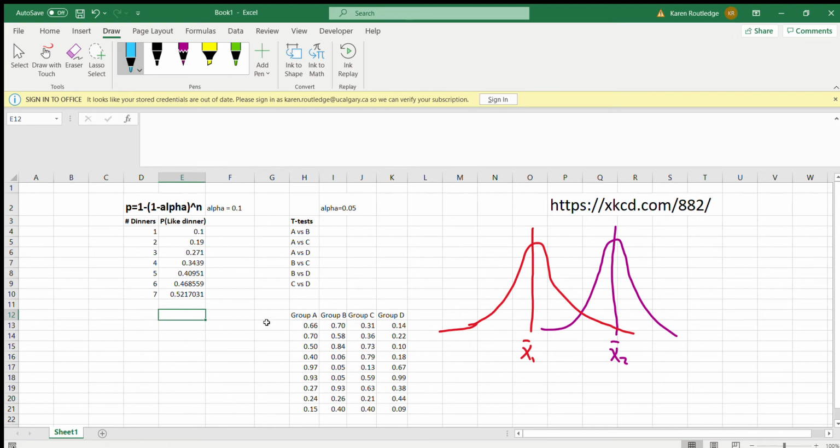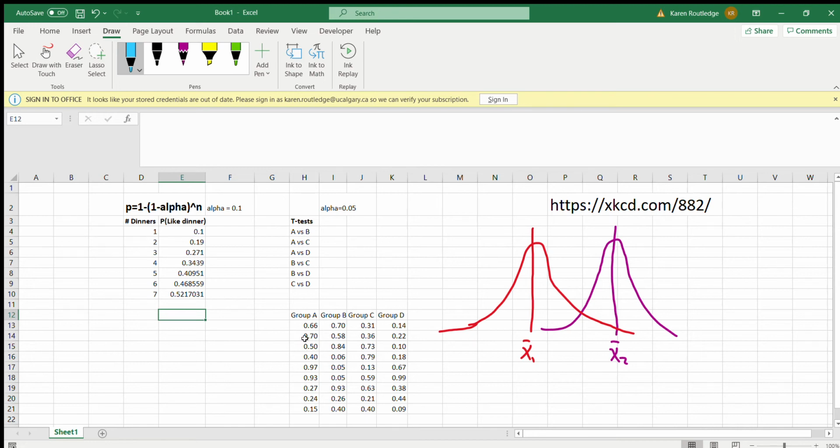So we can imagine an example here where I have 4 different groups, A, B, C, and D, and I want to do a series of t-tests. So we learned about 2 t-tests, a paired t-test and a Welch's t-test. In this case, I have different individuals in each of the groups, so they are not paired. So I would be doing a series of Welch's t-tests.